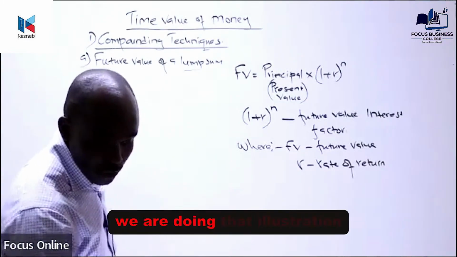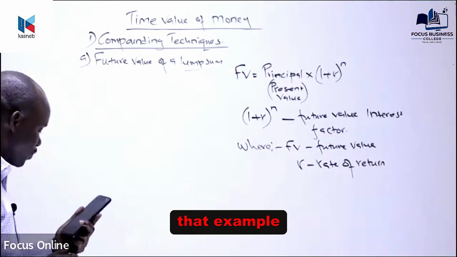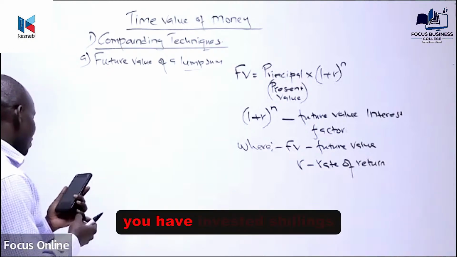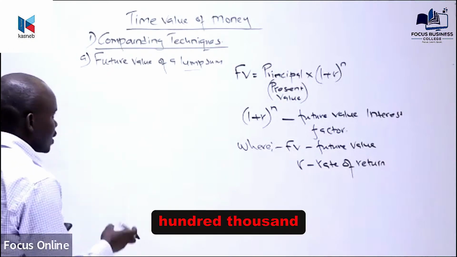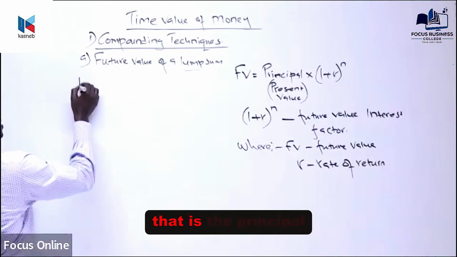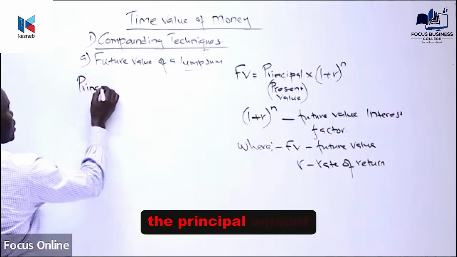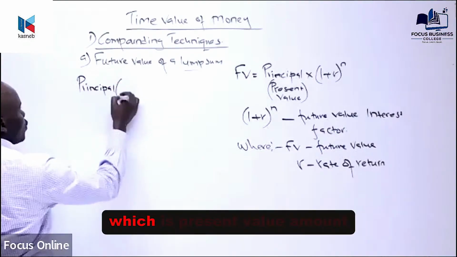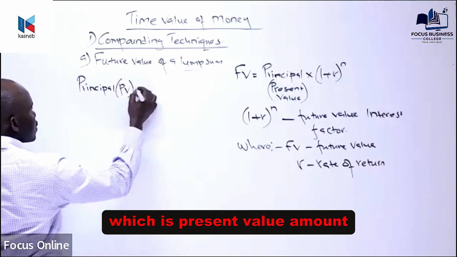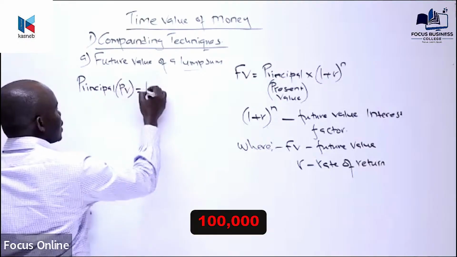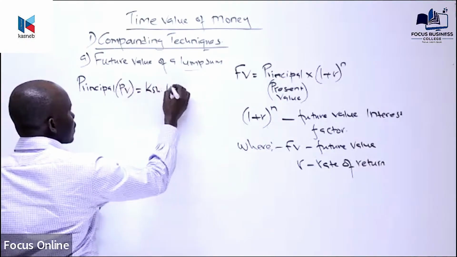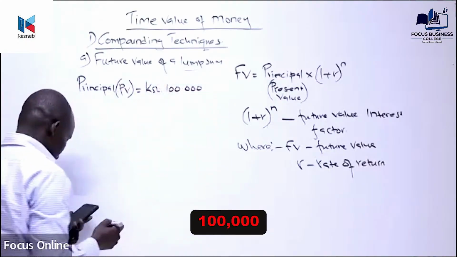We are doing that illustration. The principal amount, which is the present value, is Kenya shillings 100,000.